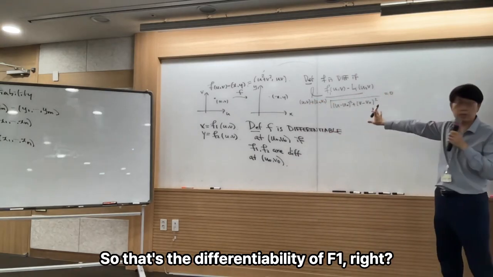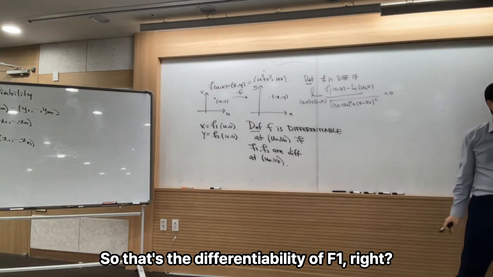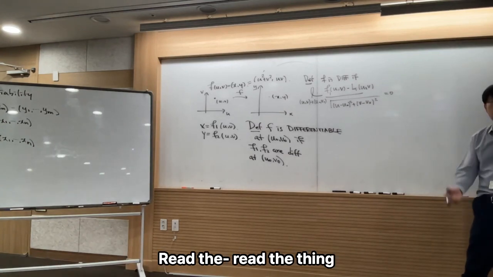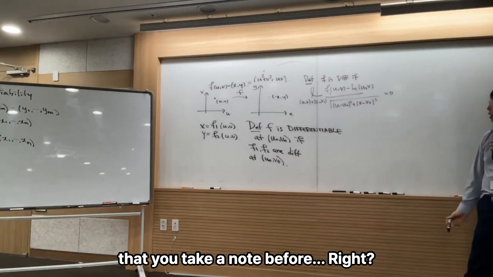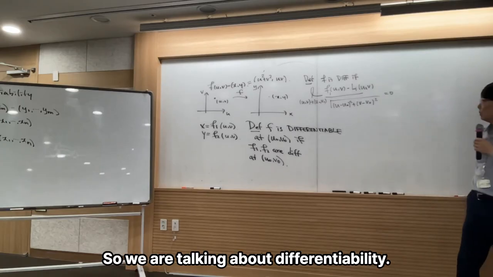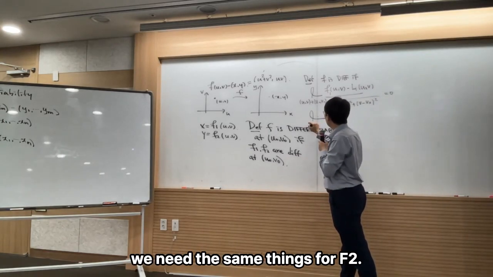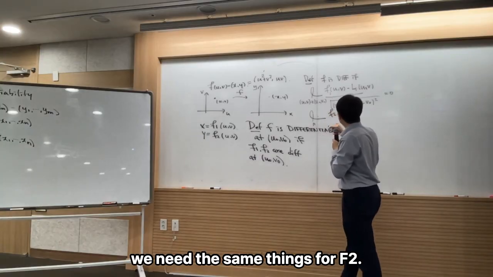That's the differentiability of f1, right? Just read the notes that you took before. We are talking about differentiability, and not just this one, we need the same thing for f2.